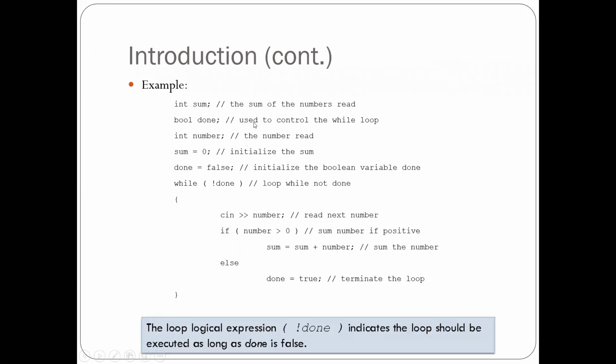This is an example of coding that involves the flag control loop. As you can see here, integer sum, with sum initialized to 0. When we see this variable, we call it the running variable, the variable that holds the running value during the process of repetition.